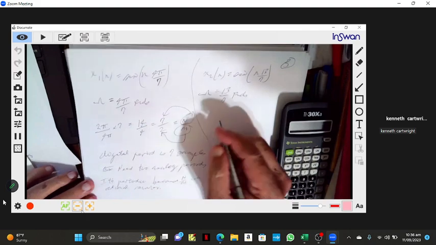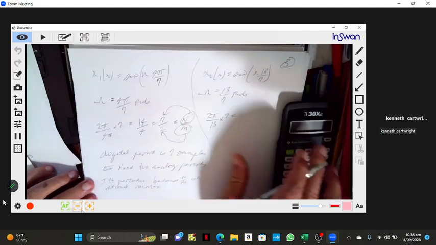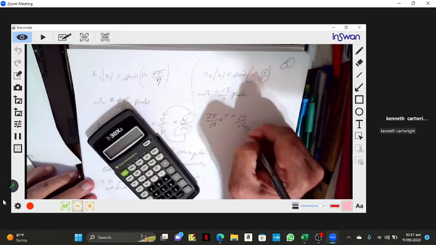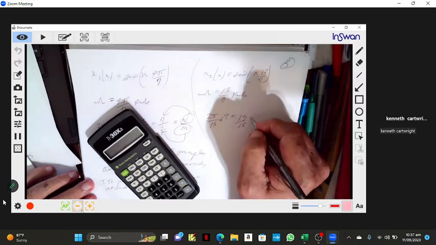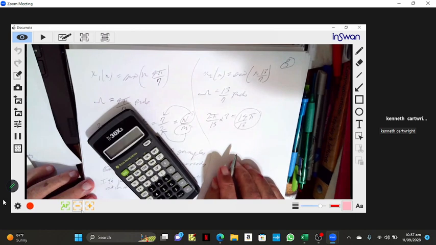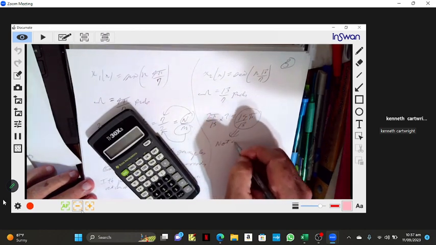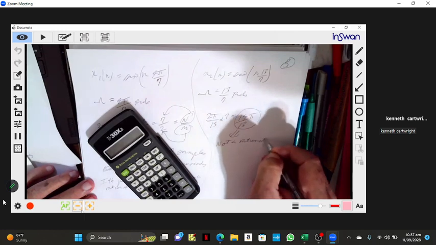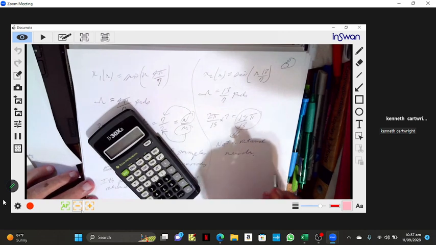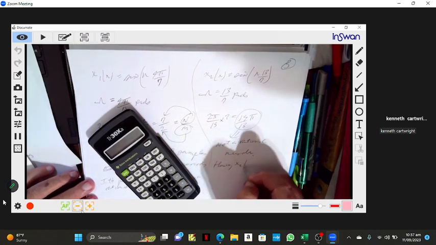Okay, so here's the test. 2 pi over 13/7 equals 14 over 13 pi. This is not a rational number. Hence, x2 of n is not periodic.